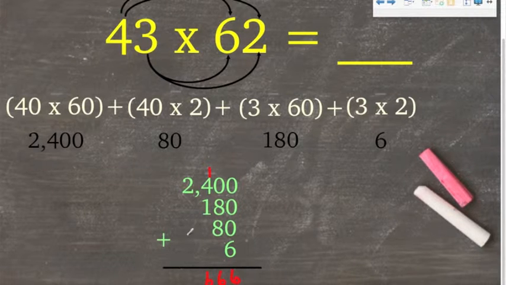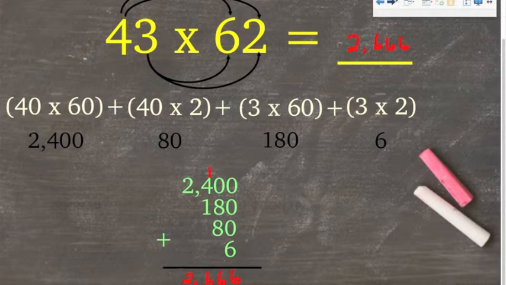And then you're bringing down your 2 because you're not adding anything to it. So your final answer, your product of this huge equation, is 2,666. And we got there by using the distributive property.